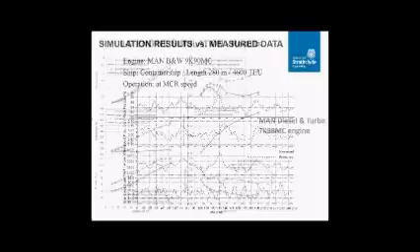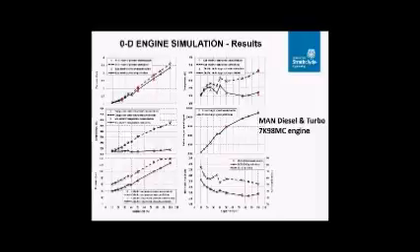In this slide, we have the steady state simulation results and comparison with the sea trial data of the operation of a two-stroke marine diesel engine. Adequate agreement between the predicted engine parameters and the measurements is shown. The predictions are the black line and the measurements are the red ones.